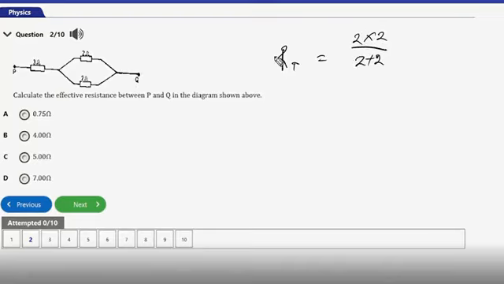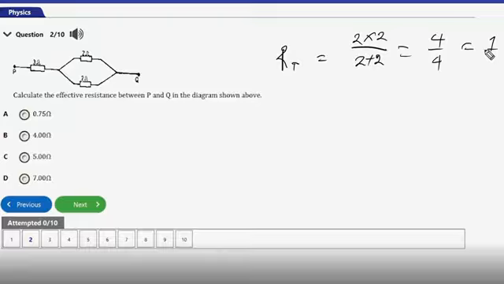Remember, we are just doing R1 times R2 over R1 plus R2. This gives us 4 over 4, which is equal to 1. So we have 1 ohm for the parallel resistors.